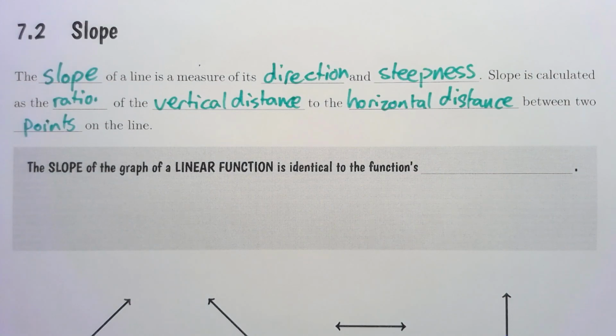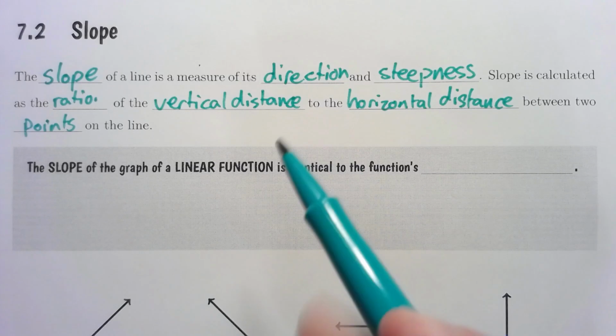So, if you pick 2 points on a line, work out how far across you went, either left or right, and work out how far vertical you went, either up or down, and then the ratio of those two is the slope.